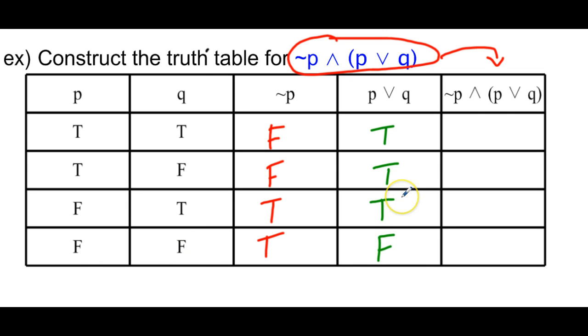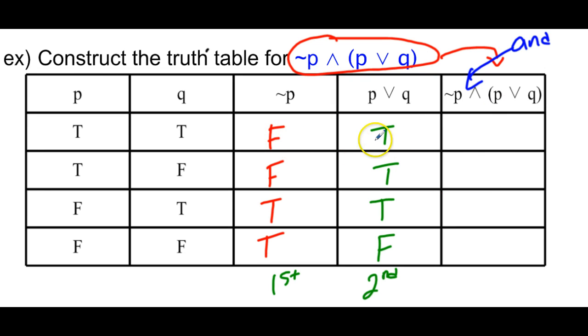So now, if we're looking at the statement altogether, we're going to look at these two columns, right? So this is going to be first and this is going to be second, all right? So let's look at this. It's not P and not Q. So the rule that you're going to follow is the and rule, all right? That's the conjunction rule, and if you need to refer back to that, look at that. That rule is P and Q is true if and only if P is true and Q is true, so they both have to be true at the same time, all right?